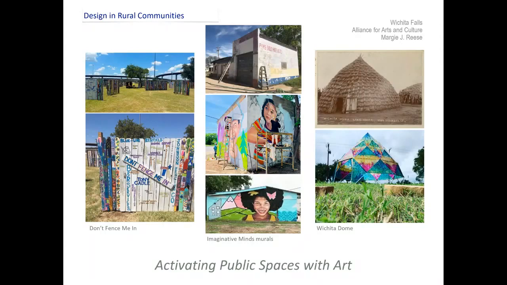The top right, you'll see this dome-shaped structure, which we learned was the typical housing of the Wichita Nation that was in our community, before we moved them to Oklahoma. I don't say that lightly. And then below that is an image of a very contemporary design that an artist was inspired to create as a result of doing research on the Wichita Nation Dome.